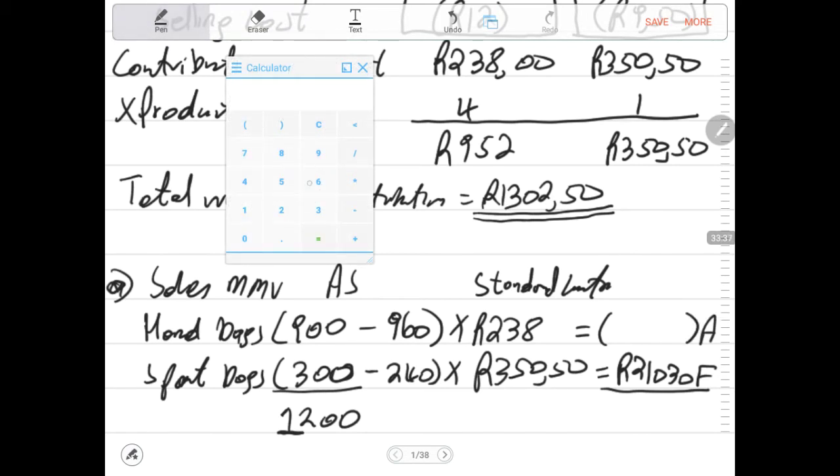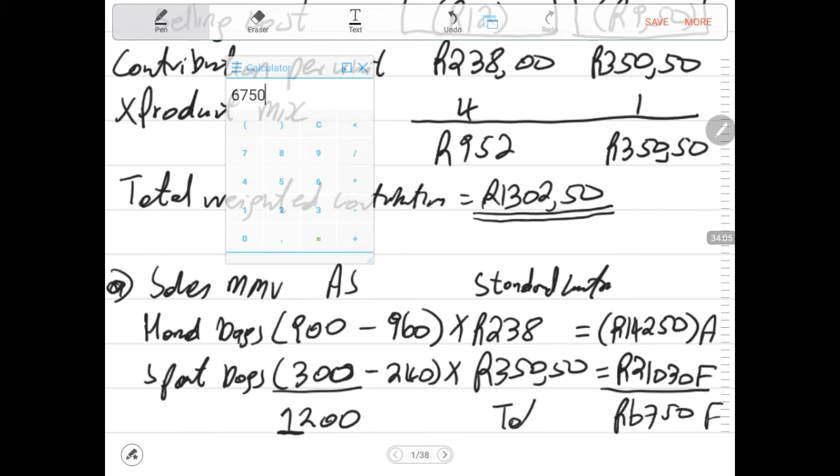Oh wait, 900 minus 1,000, not 1,000, 900 minus 960. Yes, I said 1,000 times 238. Then that is 14,250. Then we say minus 21,030. We get a total of 6,750. The difference between the two is a favorable variance.